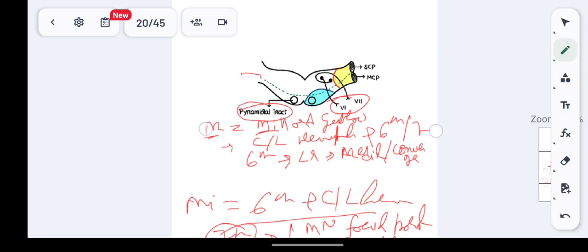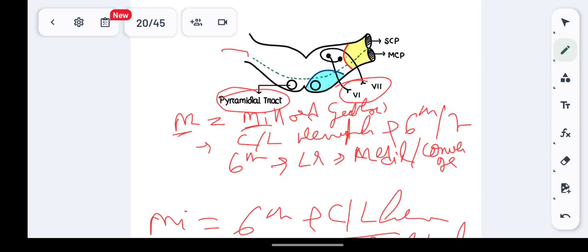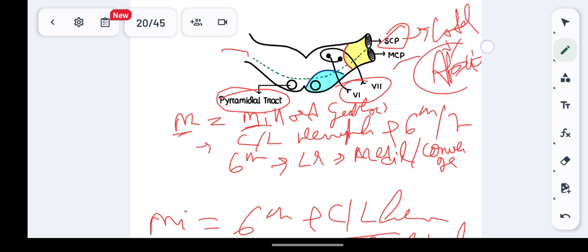This is the pons, superior cerebellar peduncle, middle cerebellar peduncle. If the cerebellar peduncle is involved, obviously it is lateral, so ataxia will be there. Ataxia is a feature of lateral, obviously, because it is on the lateral side.